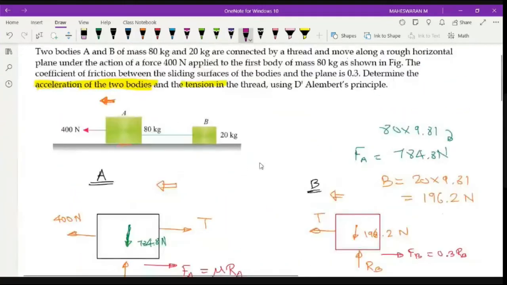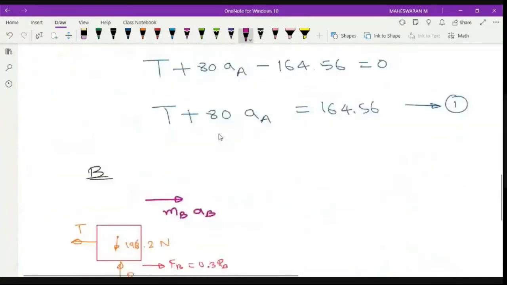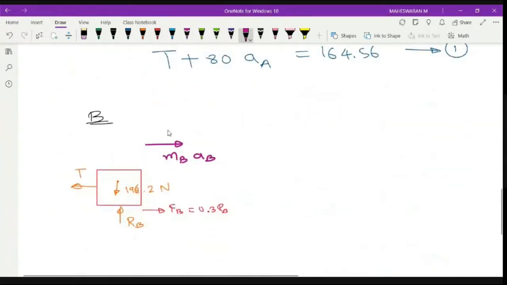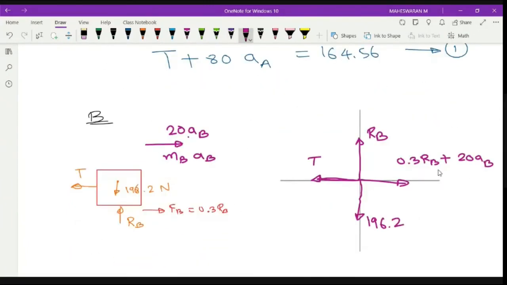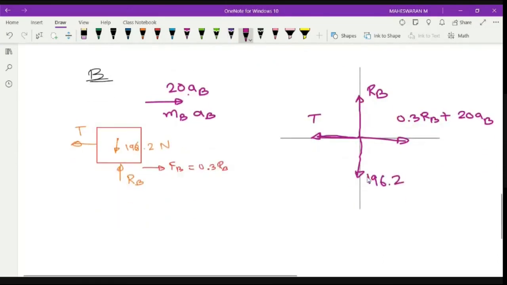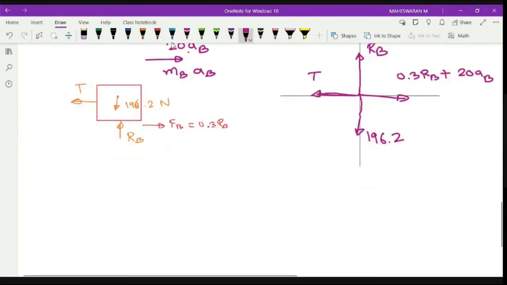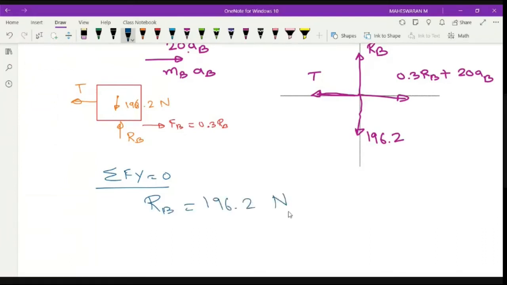Mass of block B is 20, so 20 aB, right? Again, the procedure is the same. These are the two forces we have, so again I can say that it is in dynamic equilibrium. Sigma Fy is equal to 0, and in that case I will get RB is equal to 196.2 Newton.